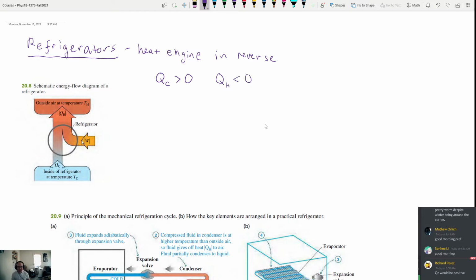And what about W? Work in this case is being done on the system. It's going into the system. So should the work be positive or negative? W would be negative, exactly. Because when the system does work, it's positive. When work is done on the system, it's negative, right?